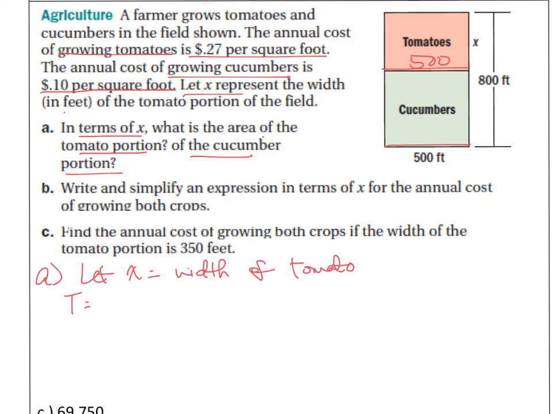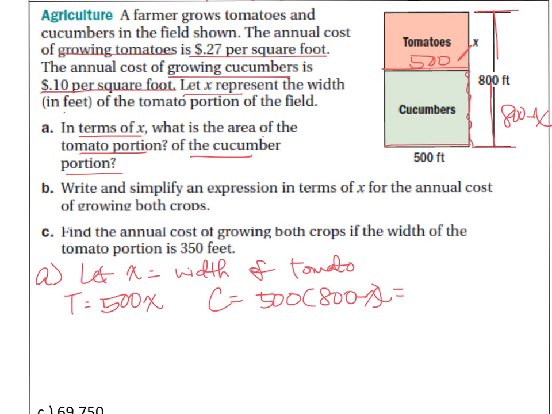The area would just simply be 500 times X. And for cucumber, if total height is 800 feet, then the width for cucumbers would be 800 minus X. So we could take 500 and multiply that by 800 minus X, which would equal 400,000 minus 500X. Okay, and that's the answer to part A.